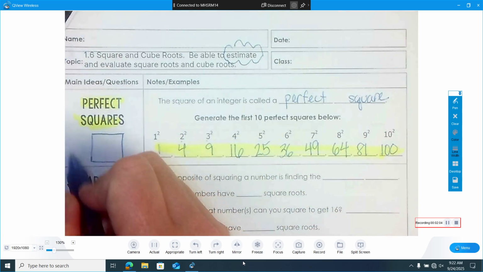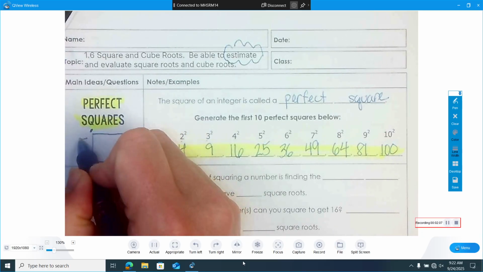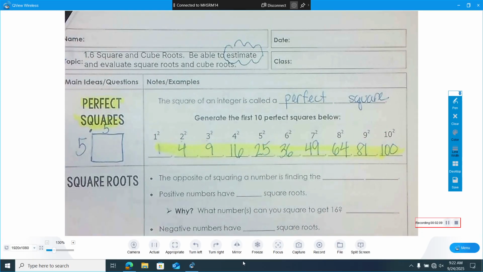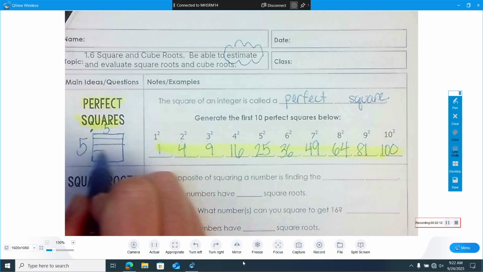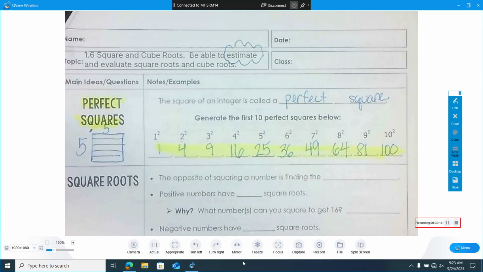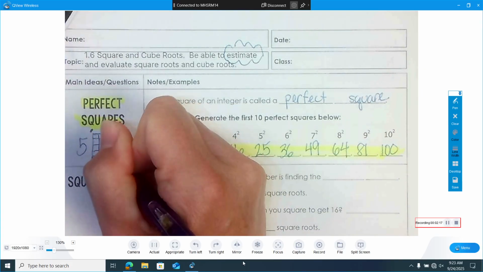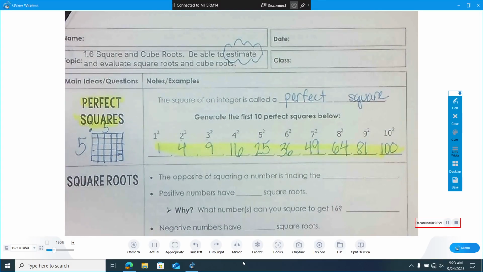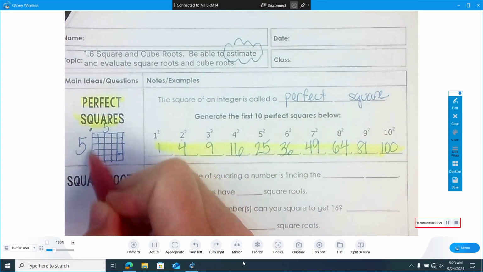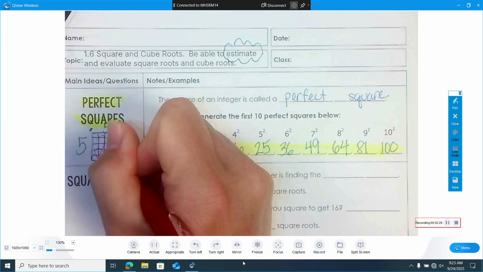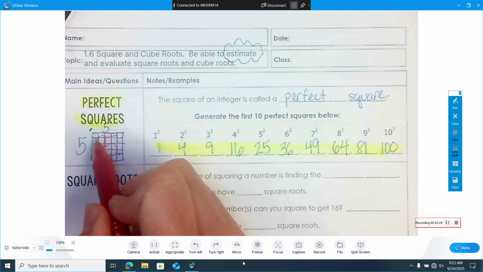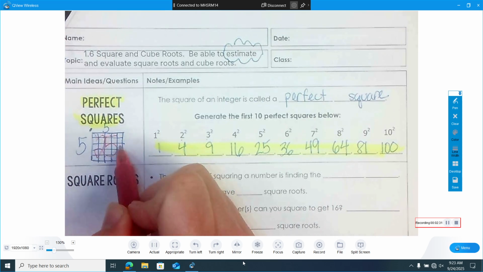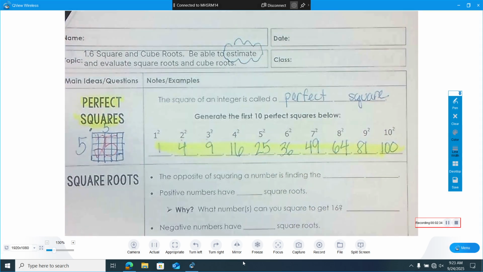Because if I were to multiply, let's say my favorite, 5 times 5, what we would have is 5 rows, 1, 2, 3, 4, 5 rows of 5 blocks in each row. And if we did that, how many little blocks are there? 25. If I count up 5, 10, 15, 20, 25, there would be 25 little blocks. In what shape do they form?